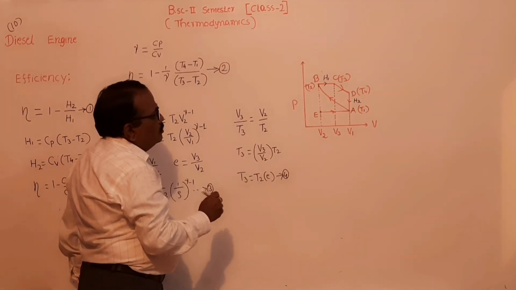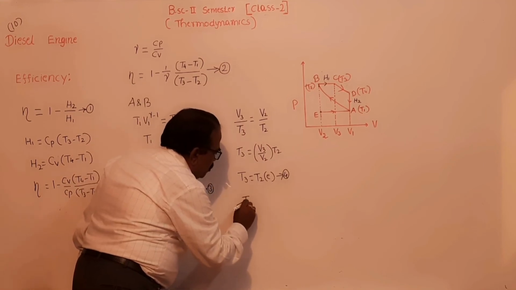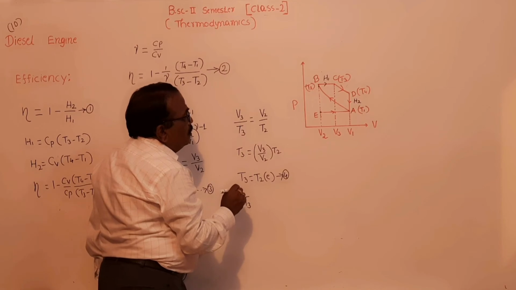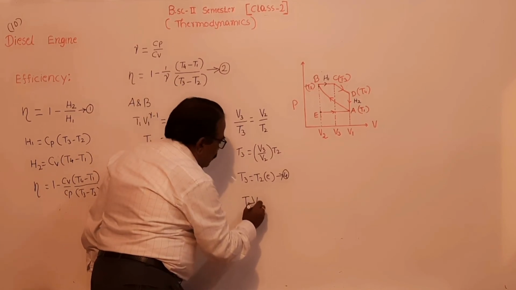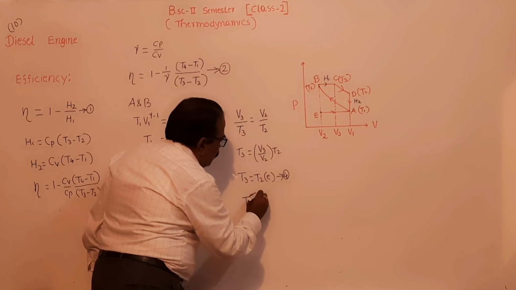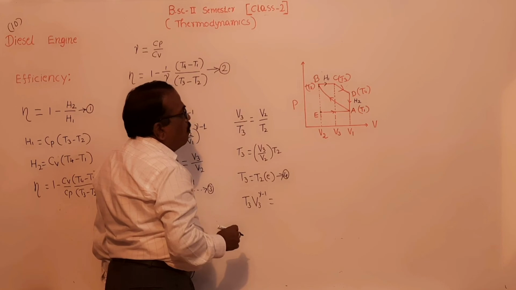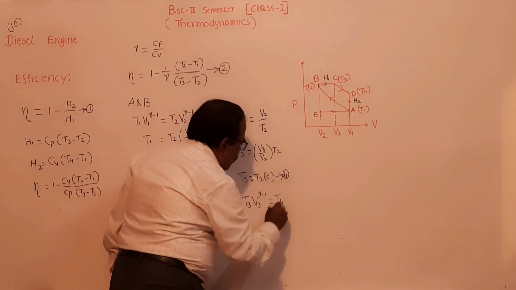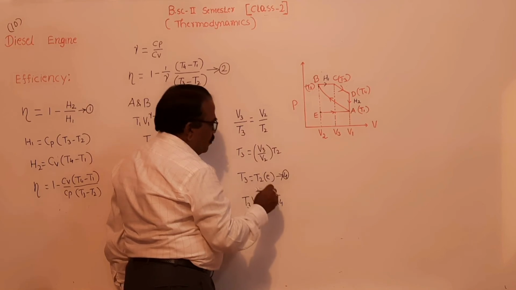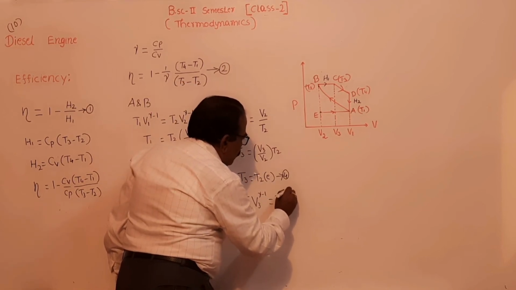We can write this as T3 V3 to the nu minus 1 is equal to T4 V1 to the nu minus 1.